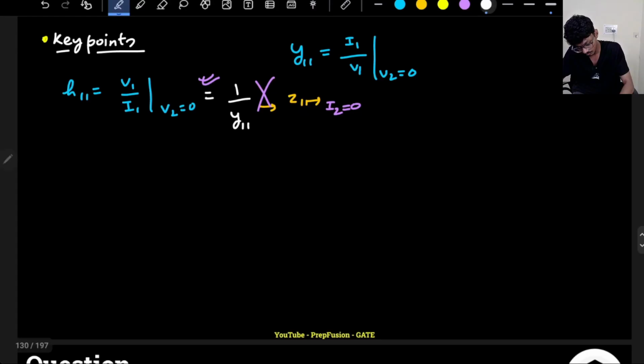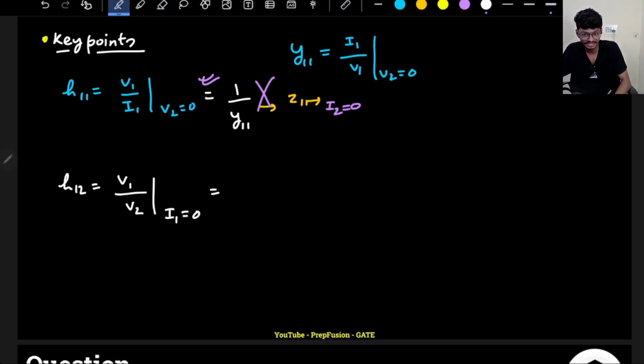Same for h12. h12 is v1 upon v2 when my current i1 is equal to 0. So you can write this in terms of z12 and z22. I can divide by i2 on both sides, numerator and denominator.